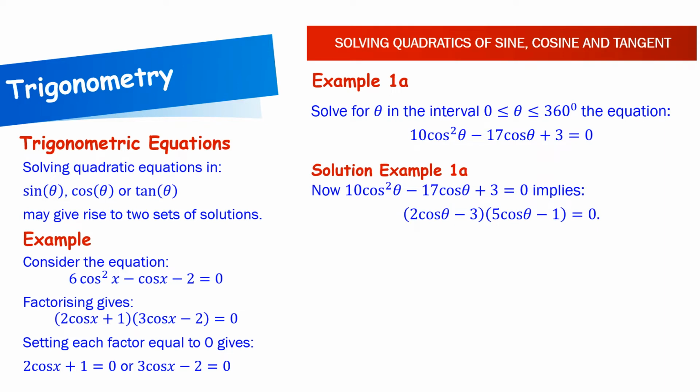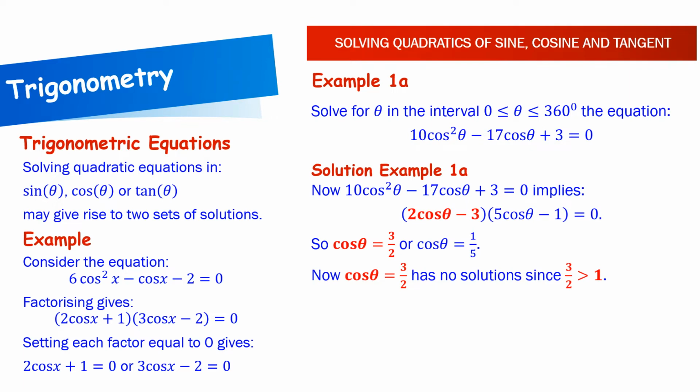Now 10 cos squared theta minus 17 cos theta plus 3 equals 0 implies 2 cos theta minus 3 times 5 cos theta minus 1 equals 0. Therefore, either cos theta equals 3 over 2 or cos theta equals 1 over 5.